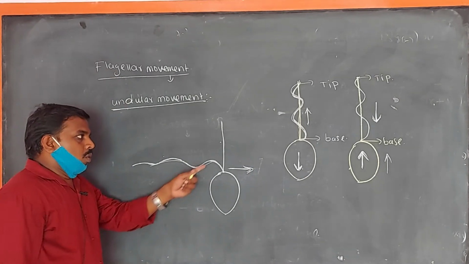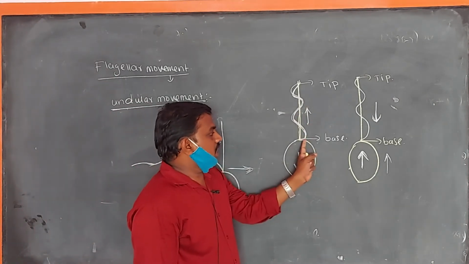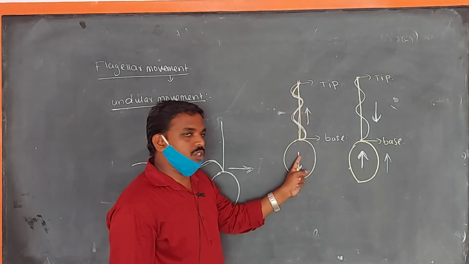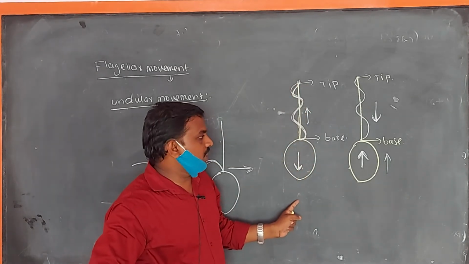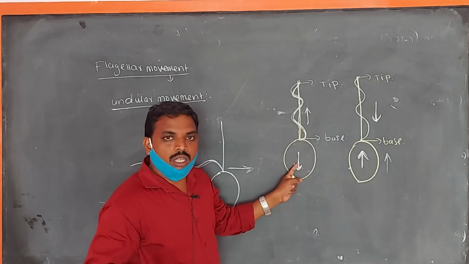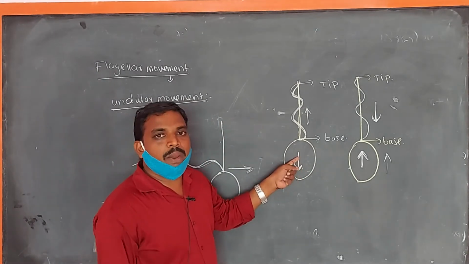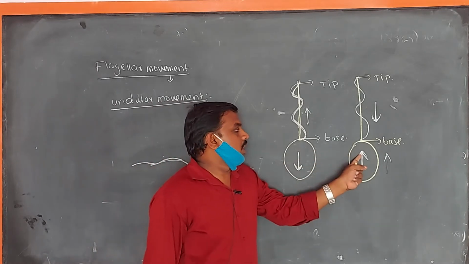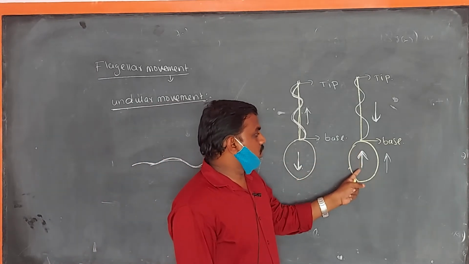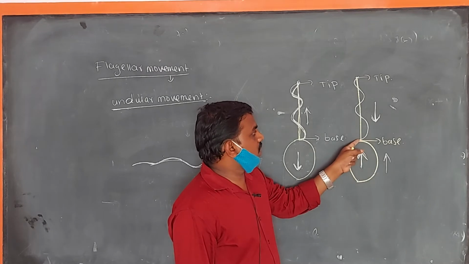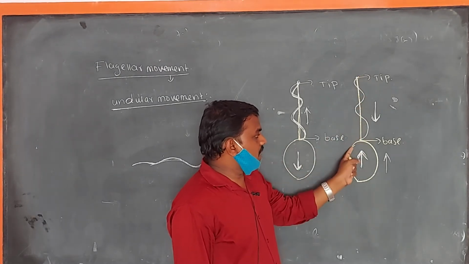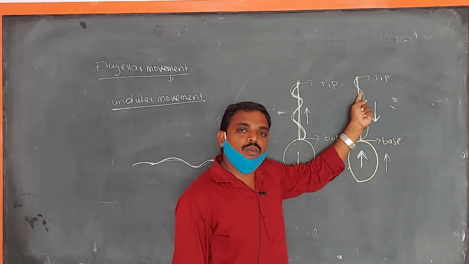One, the movement which occurs from base to tip, where the organism moves in the backward direction, is also called the pushing force, like a paddle in a boat. Next, the pulling force, the movement which occurs from tip to the base, where the organism moves in the forward direction.